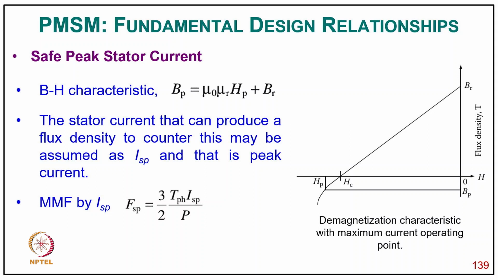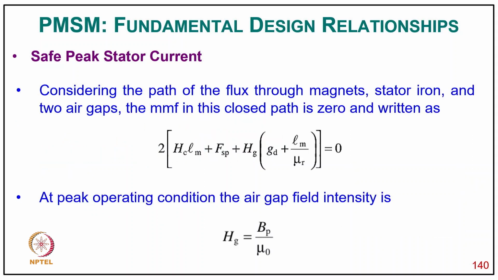So the stator current that can produce a flux density to counter this may be assumed to be Isp, and that is the peak current. So MMF Fsp equal to 3 by 2 TPH Isp upon P, and considering the path of the flux through the magnet, stator iron, and the two air gaps, the MMF in this closed path is 0 and written as 2 Hc Lm plus Fsp plus Hg in bracket GD plus Lm upon μR equal to 0.